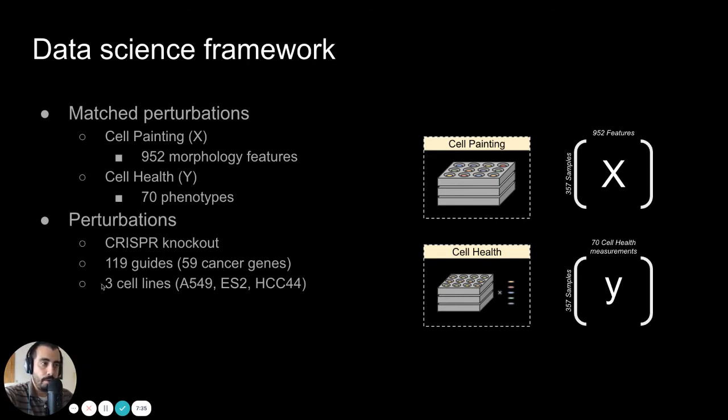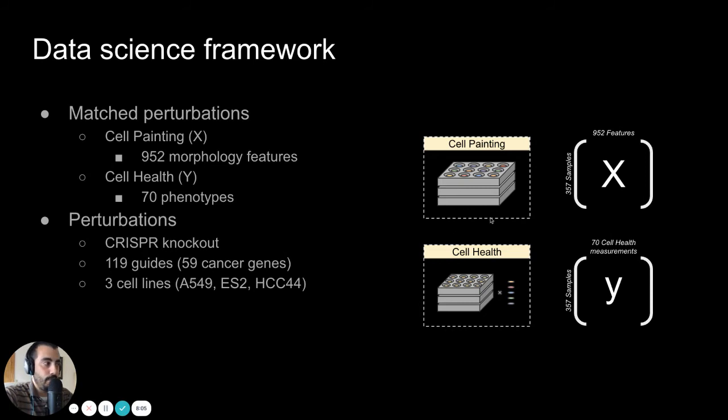That's our fundamental perturbation, a CRISPR guide. And then we also applied all of these 119 guides to 3 different cell lines, A549, ES2, and HCC44. Because there's actually no fundamental way to link the single cells between the 2 assays right now, they're independent assays. So the common unit of perturbation is going to be the guide, the consensus profile. So you can't even match replicates to one another.